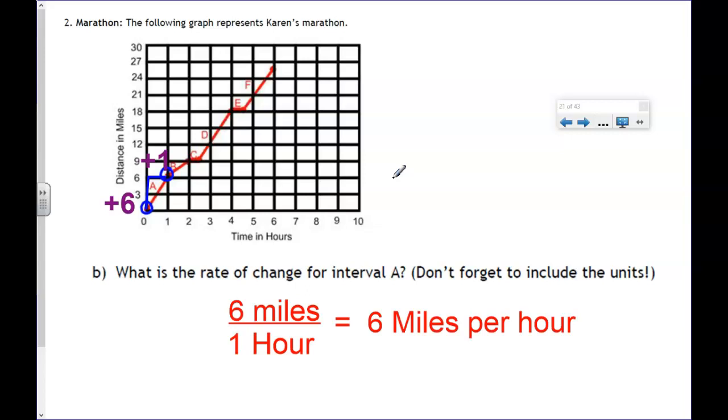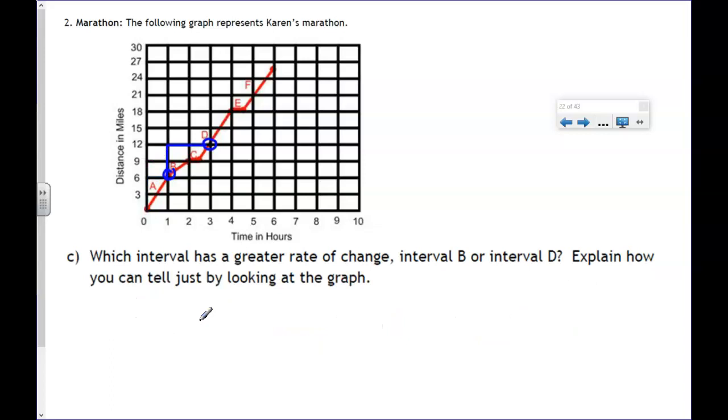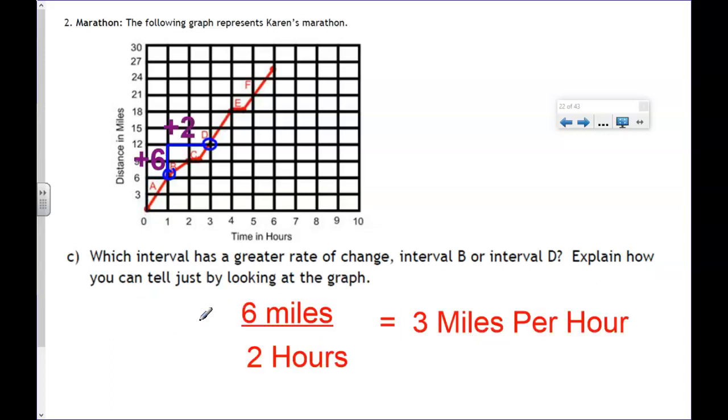And it appears that I'm going up 6 over 1. So my change of y over the change of x would be 6 miles for every 1 hour, or 6 miles per hour. The same thing goes on for B to D. And it looks like I got that to be 3 miles per hour because I'm going up 6 units and horizontally 2 units.